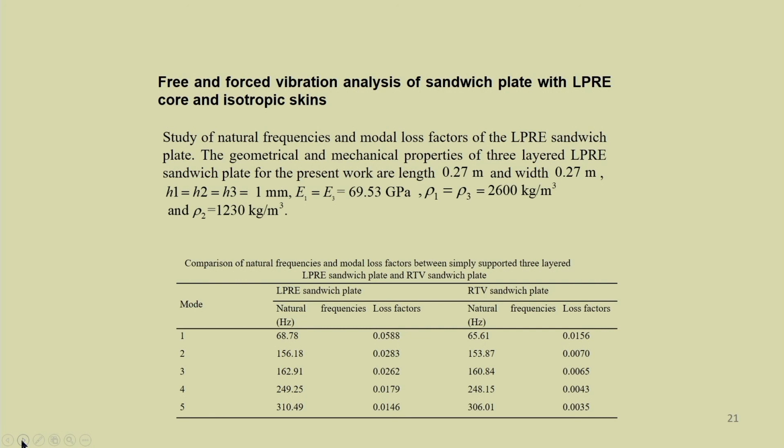Here, initially the free vibration has been studied by developing a code in MATLAB. The natural frequency and loss factor are determined by finding the eigenvalues of the M inverse K matrix.